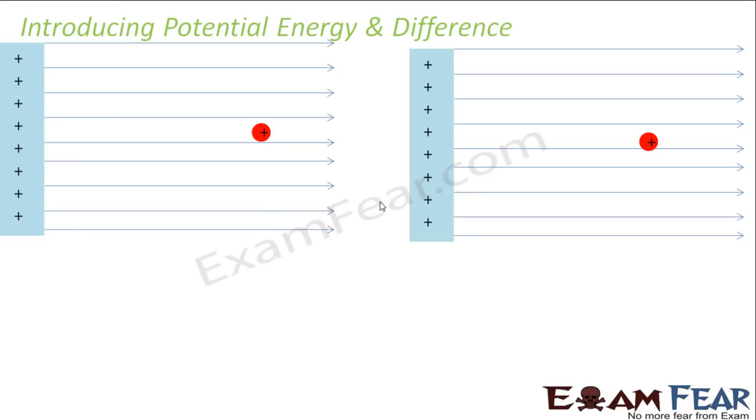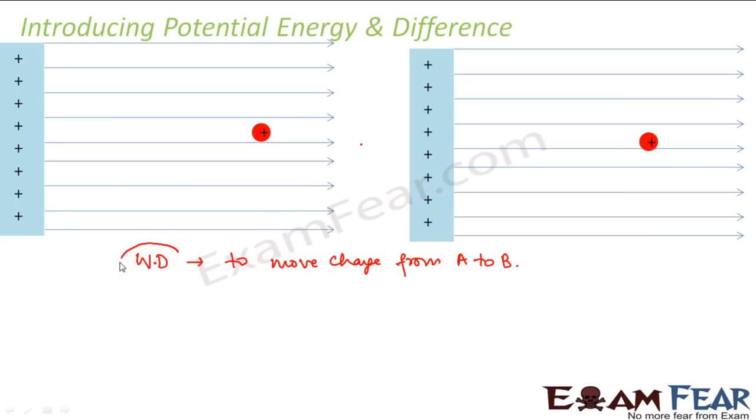So if you look at it in terms of physics, what is happening? You are doing some work to take this charge from some point to some other point. Let us suppose you are doing some work. So some work is done to move the charge from some point A to some point B, right? And this work done is getting stored in this charge as potential energy, right?